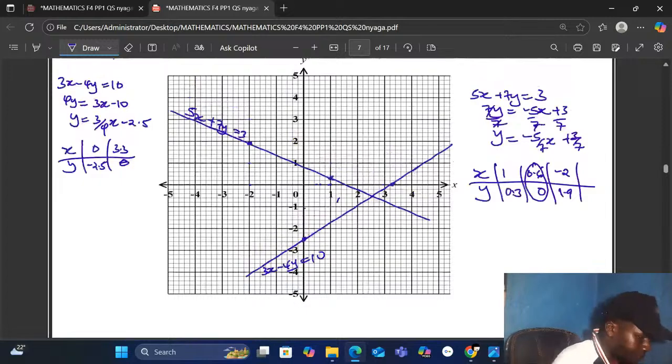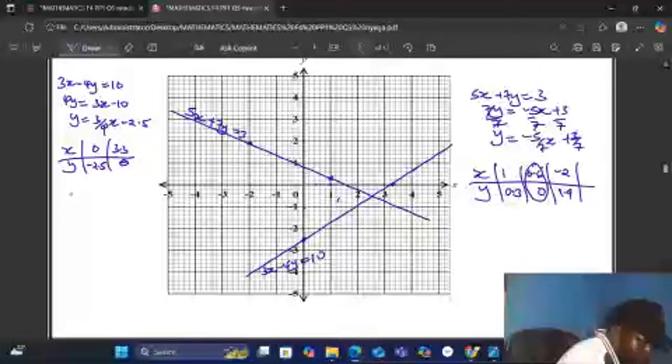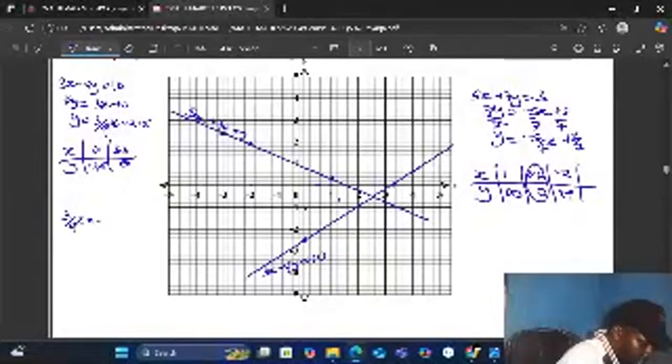We can use this one, 3 over 4 x minus 2.5.